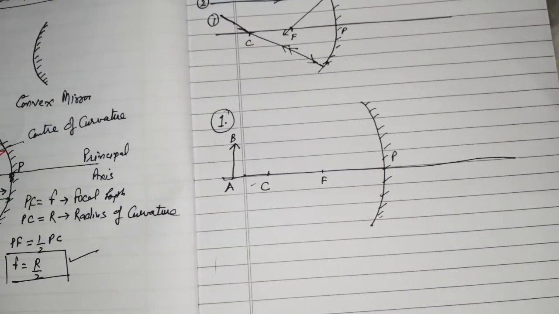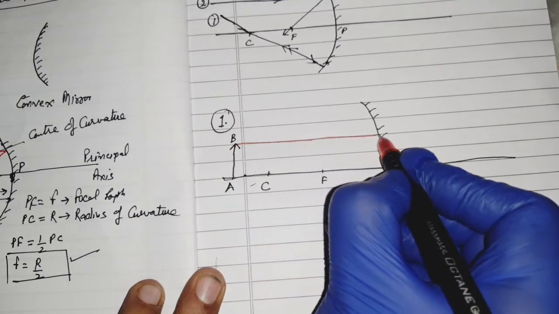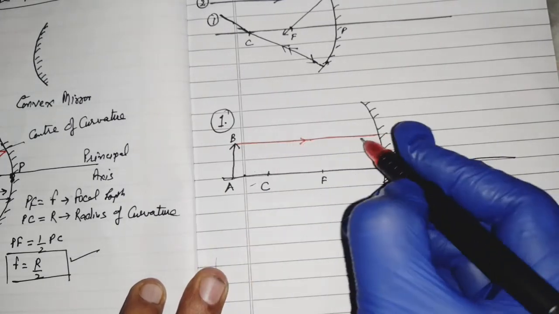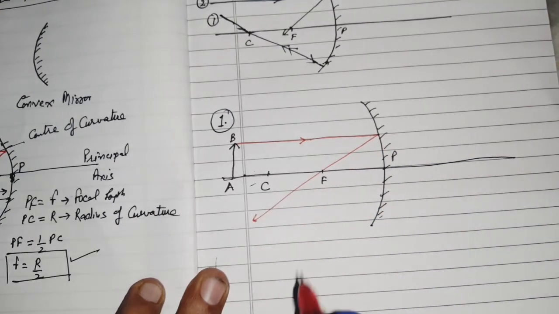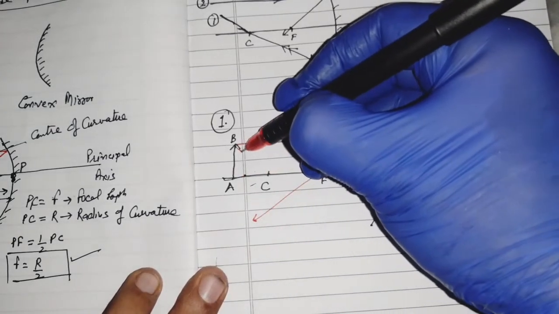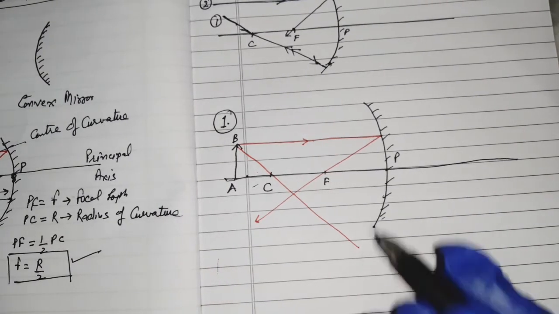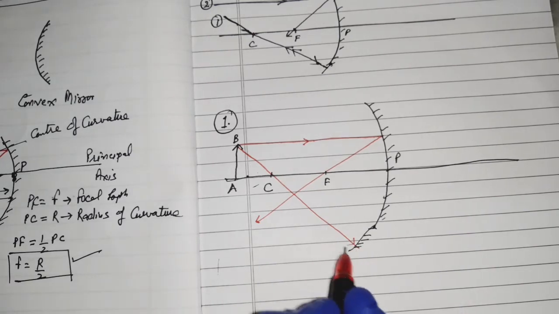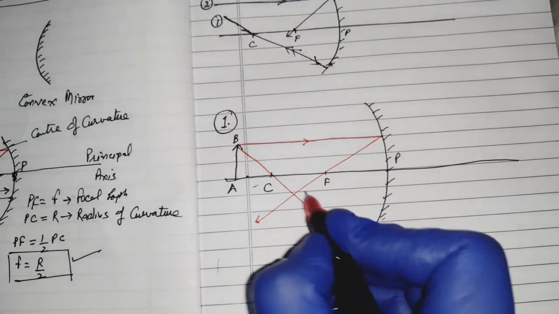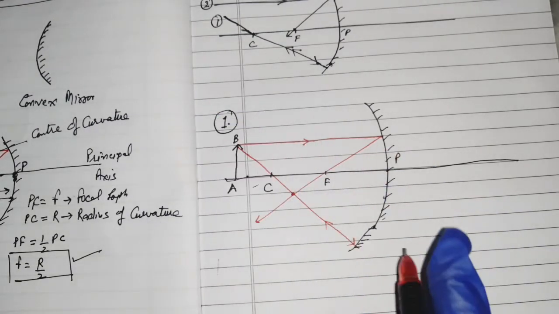So remember, two rays from this object. One ray is going towards the mirror parallel to the principal axis, and then it passes through F. The second ray is going towards the mirror through C, it reflects back, and there is a point where both reflecting rays intersect.